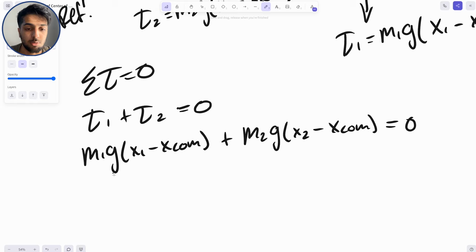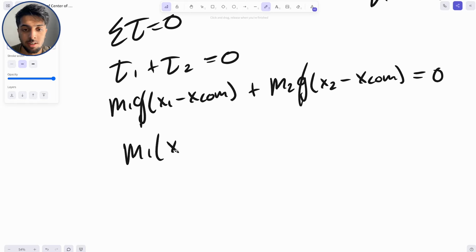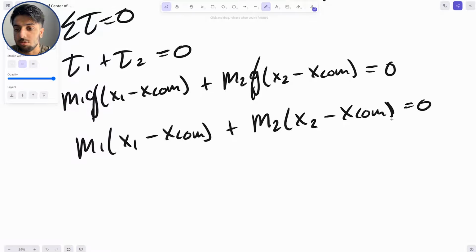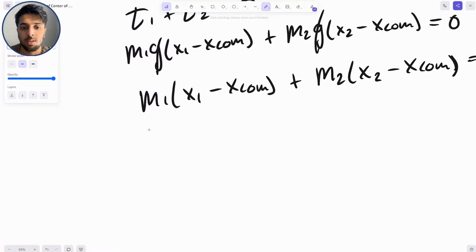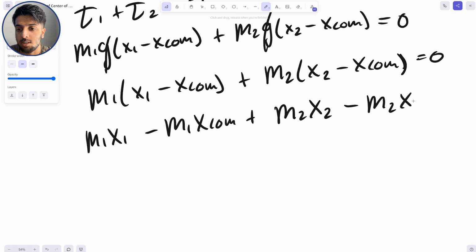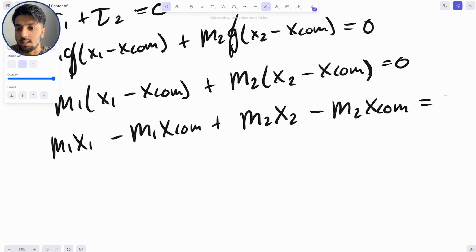Now we can divide both sides by g in order to cancel out these g's, and we get m1 (x1 minus x center of mass) plus m2 (x2 minus x center of mass), and that is all equal to 0. Now expanding this out, we get m1 x1 minus m1 x center of mass plus m2 x2 minus m2 x center of mass. And again, that all equals 0.